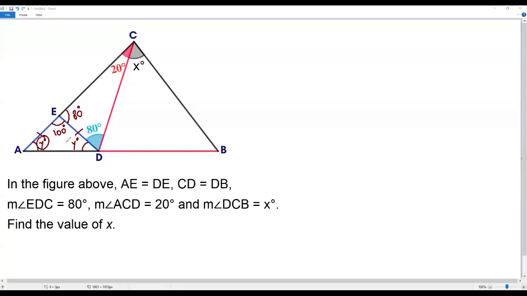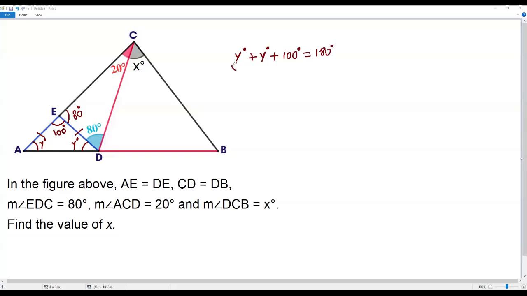Now this y degrees, this y degrees, and this 100 degrees are the interior angles of the triangle AED, so they must add up to 180 degrees. That is, y plus y plus 100 equals 180. Let's solve for y.